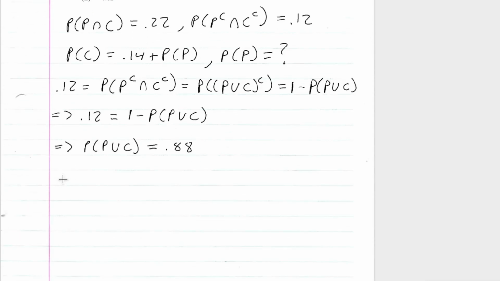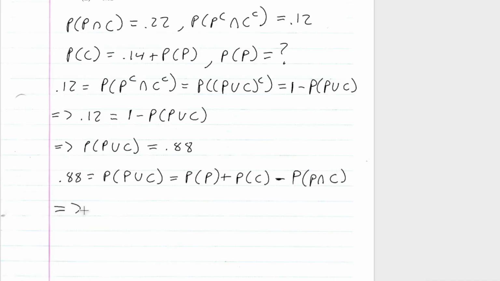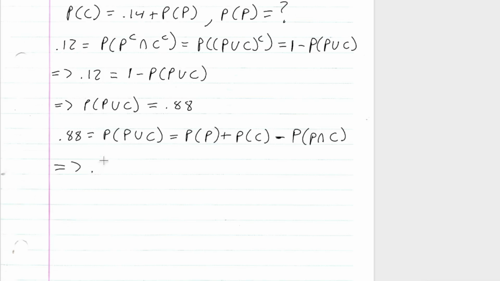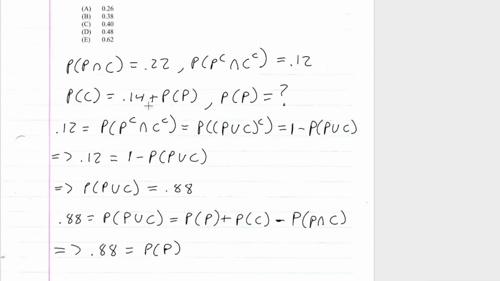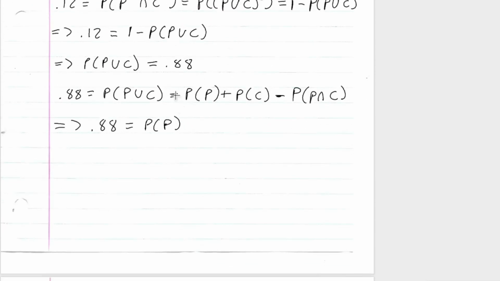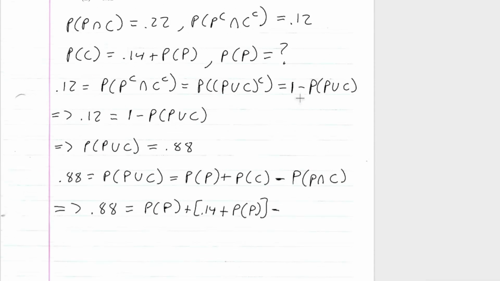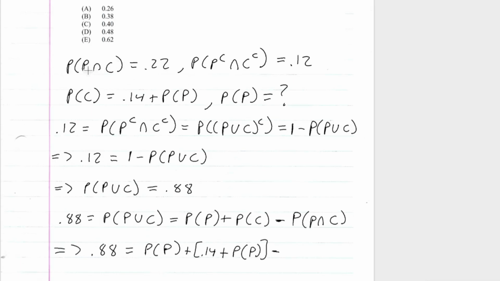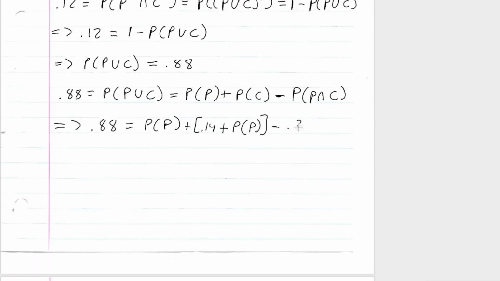All right, so I know that 0.88 is equal to the probability of P union C, and I know this is the same thing as the probability of P plus the probability of C minus the probability of P intersection C. All right, so this means that 0.88 is equal to the probability of P, and then the probability of C, remember, is 0.14 plus the probability of P, and then minus the probability of P intersection C, which is 0.22.